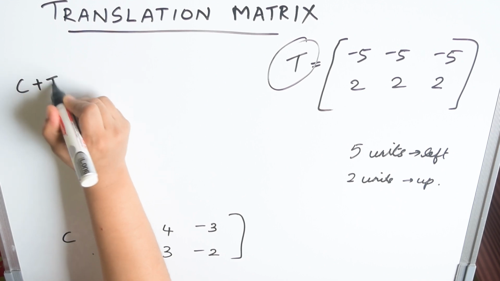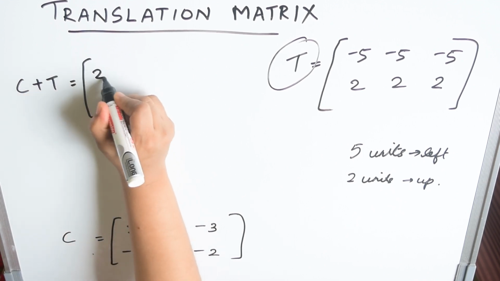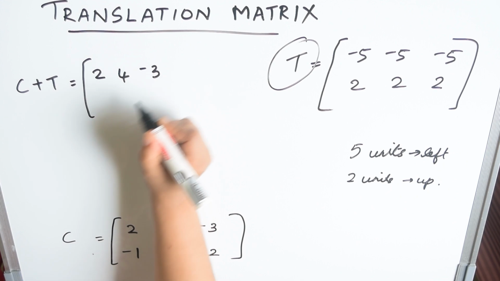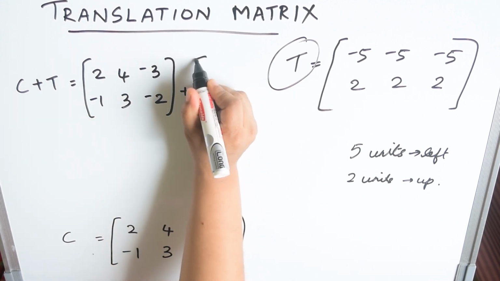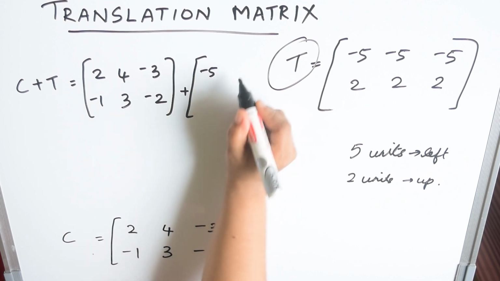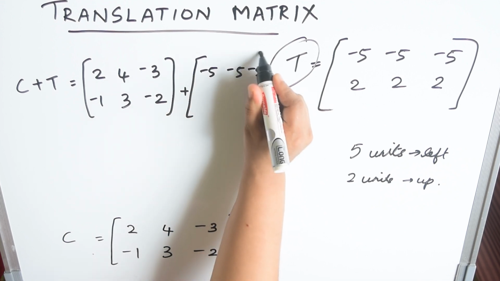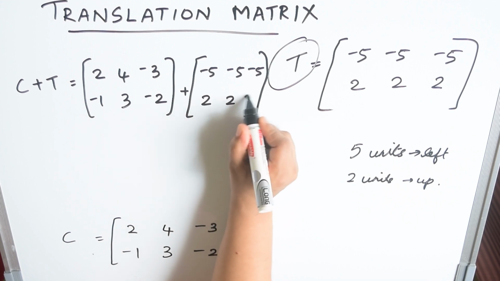So C plus T will be equal to 2, 4, minus 3, minus 1, 3, minus 2 plus the translation matrix which is minus 5, minus 5, minus 5, 2, 2, 2.